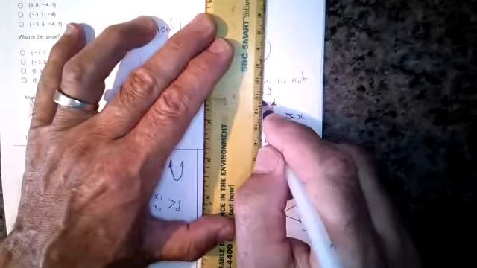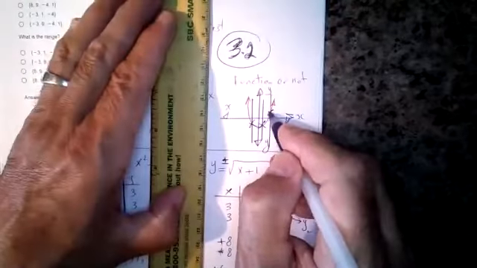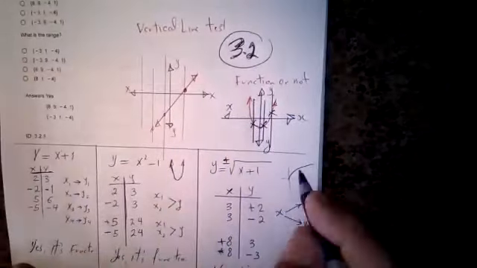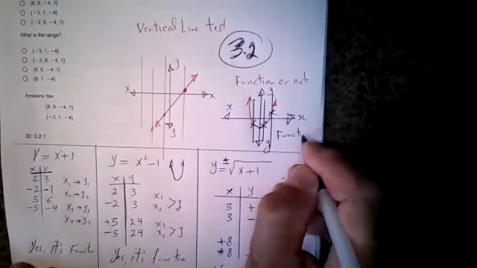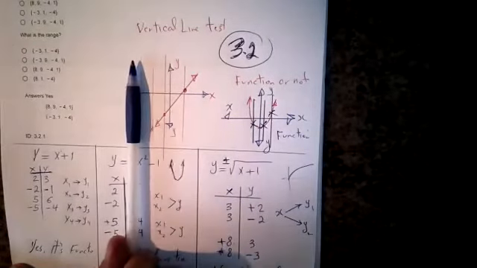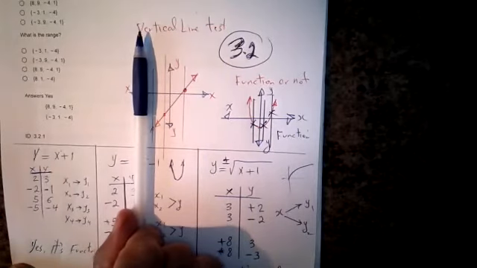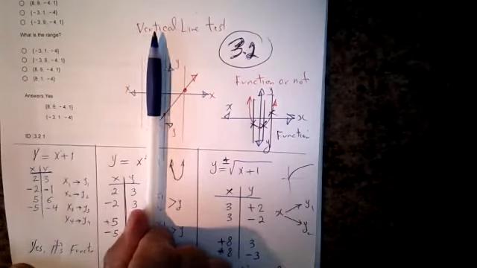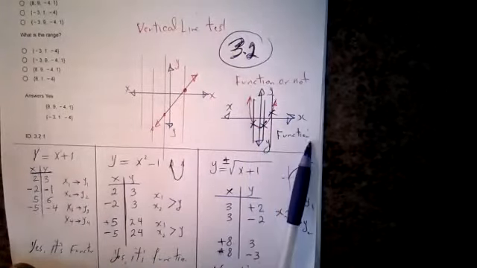See that? At only one point. So in that case, it's a function. So the vertical line test is, again, you take a vertical line, and you move it from left to the right. If it intersects the graph at only one point, then it's okay, it's a function.